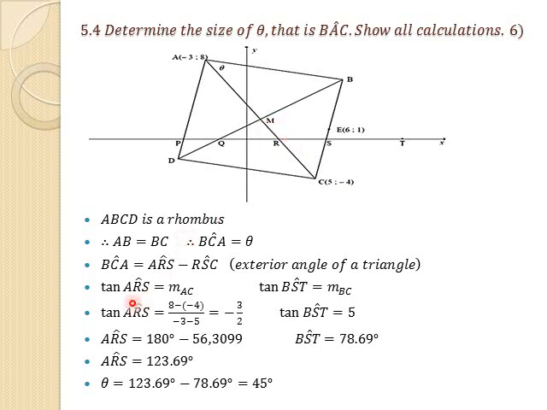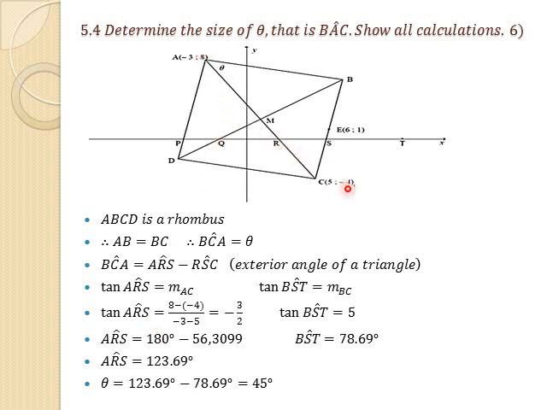To get ARS, we're going to use gradient AC. To get BST, that angle on the outside, remember they're vertically opposite, so when I get this one, I'm automatically getting the angle on the inside. BST equals gradient BC.